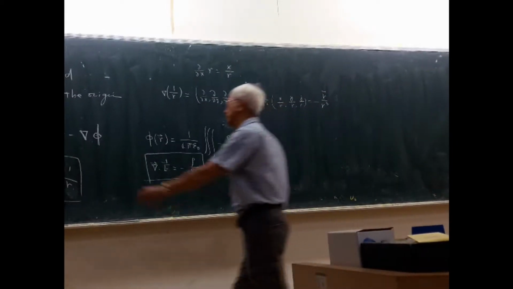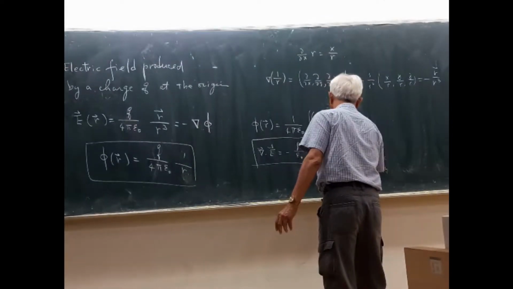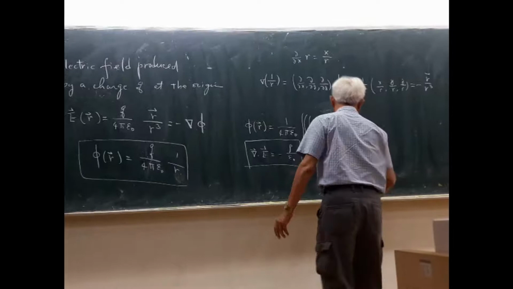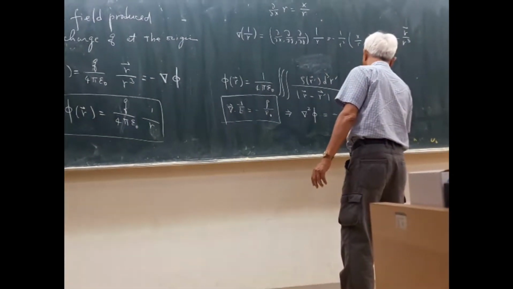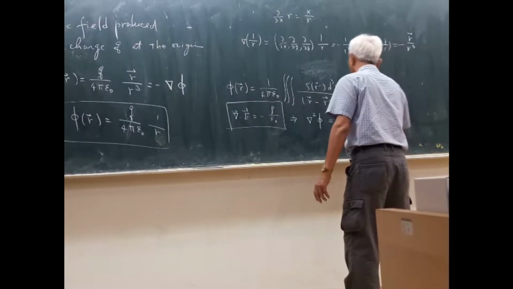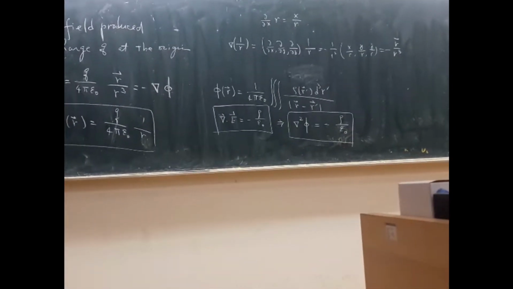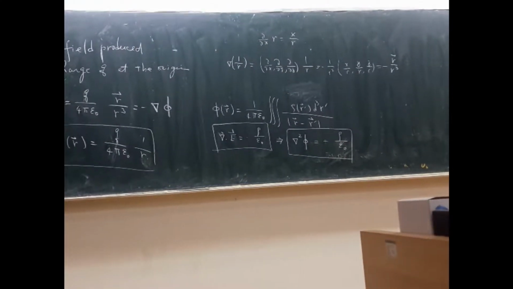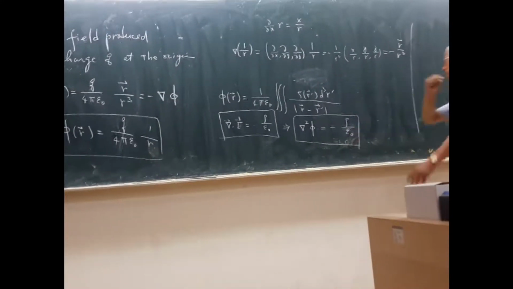When you insert that into that one, this means Laplacian of phi equals minus rho over epsilon naught, so that the electric potential satisfies a Poisson equation, okay? So the electric potential satisfies the Poisson equation.